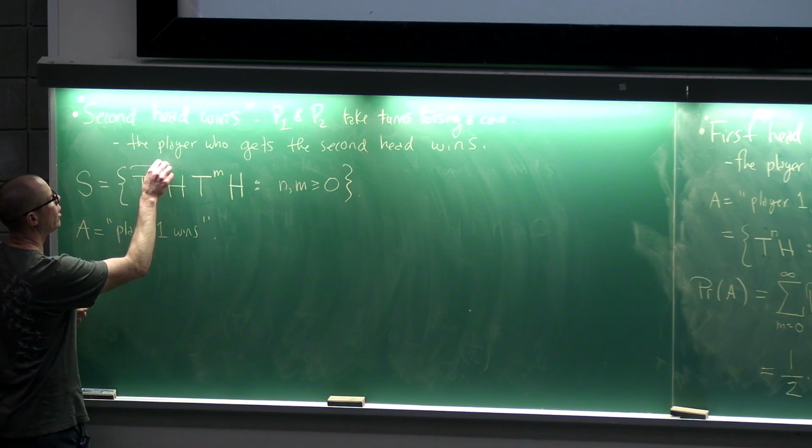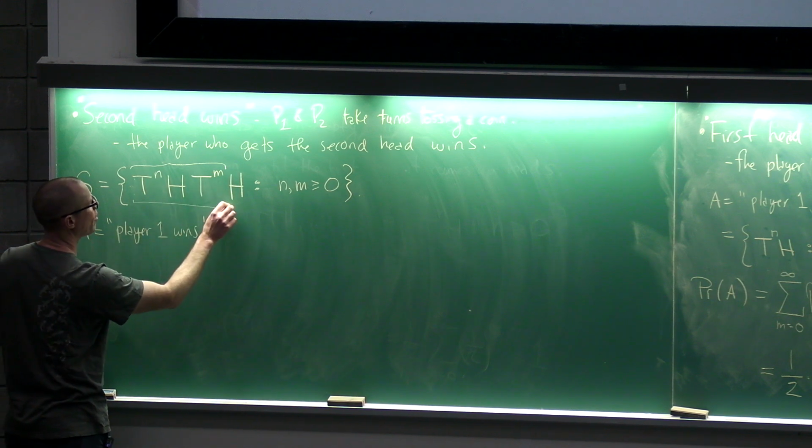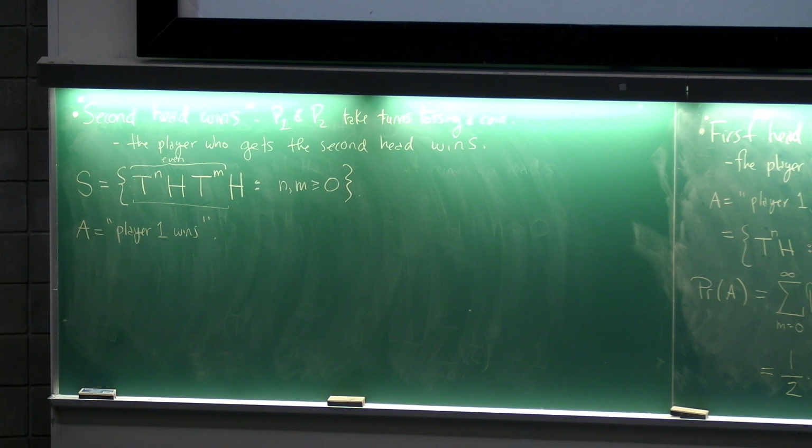So that means all of this here, all the stuff that happened up till that point, that should be an even number, right? Because it starts out in player 1's hand. So if you played 2 rounds, then it's back in player 1's hand. If you played 4 rounds, it's back in player 1's hand, and so on.